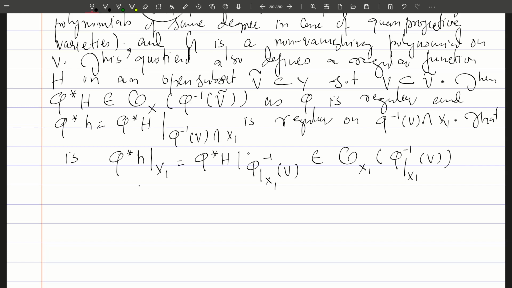So this proves that the map phi from x1 to y1, which is a restriction map on x1, is a morphism.